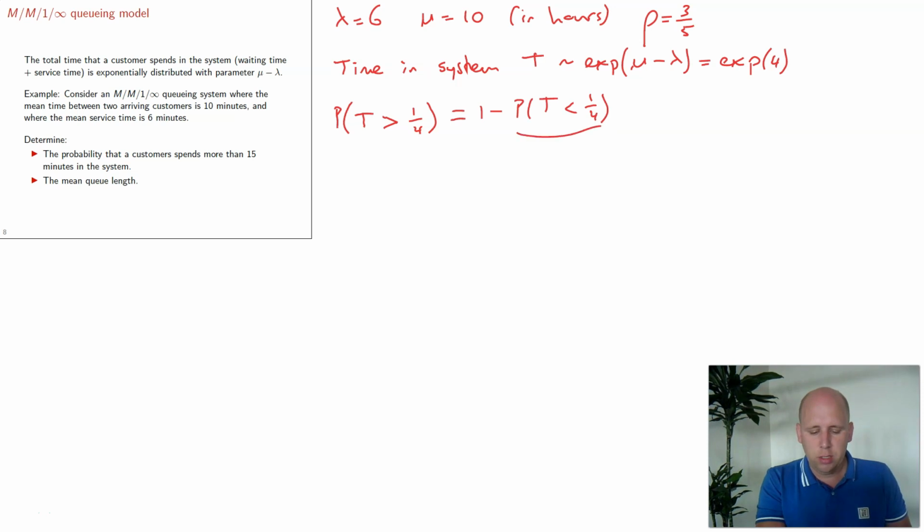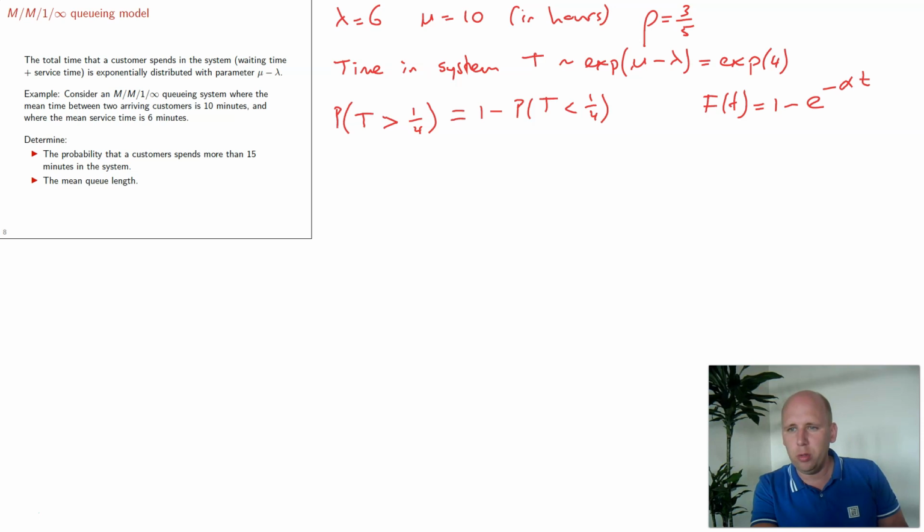And this is now the distribution function of the exponential distribution at the point 1 over 4. And what was the distribution function of the exponential distribution? That was 1 minus e to the power minus the parameter alpha times t. And in our case, the parameter value is 4.